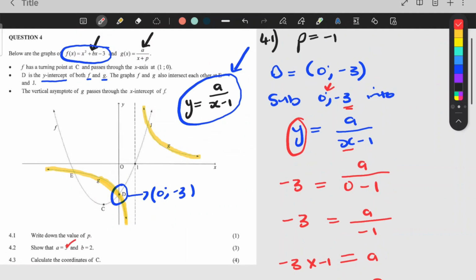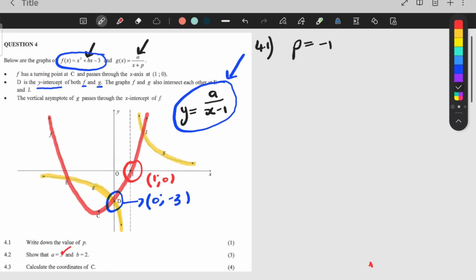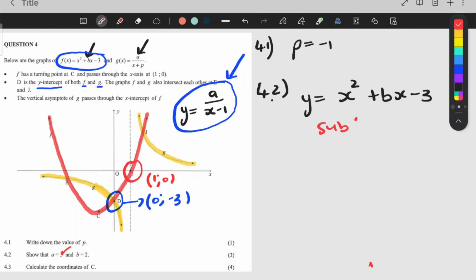Then it says, show that b is 2. I just need a point to substitute. So on the parabola, I'm going to substitute this point. That point is (1, 0) because it's on the x-axis. So I'm busy with 4.2. I'm going to write down what they gave me for the parabola, and then I am going to sub 1 and 0.